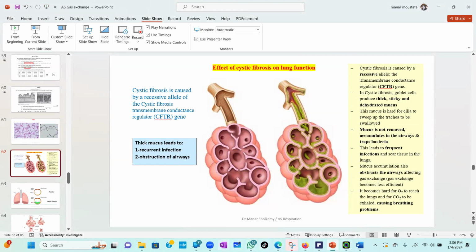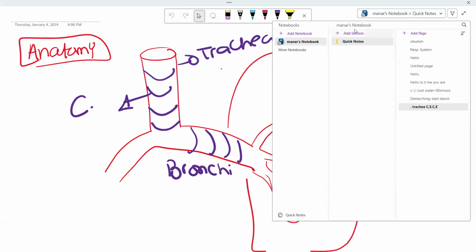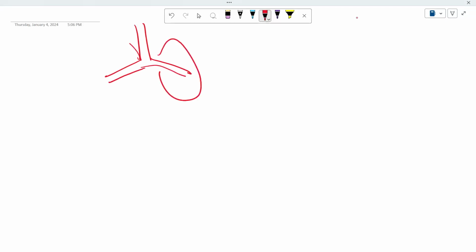Let me open a whiteboard. Yes, here. Okay. One by one. We have here your lungs, your trachea, your bronchi, and your lungs. Now you have your heart here.